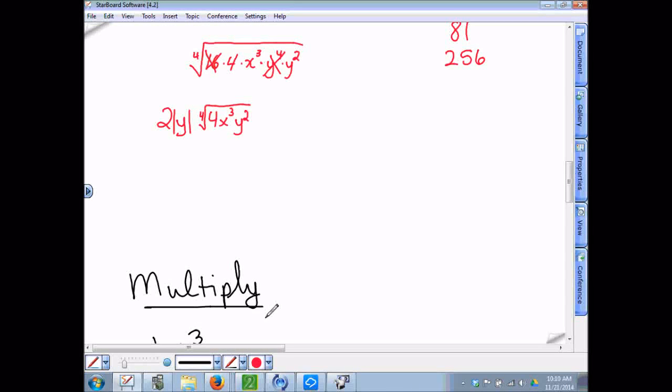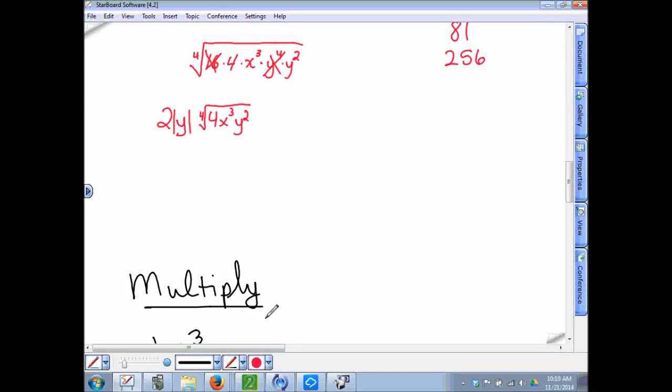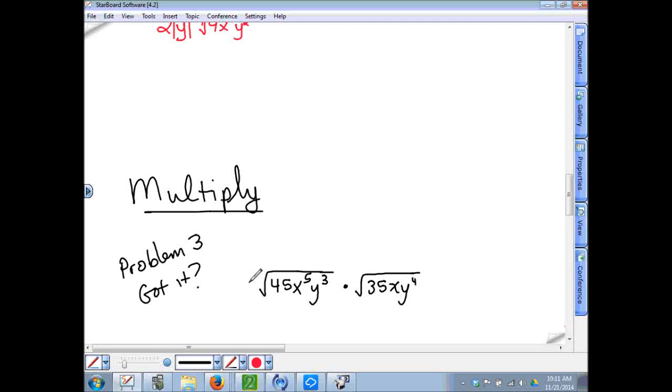Now we can actually start multiplying two of these dang old things together. So, turn the page to problem 3. Got it?